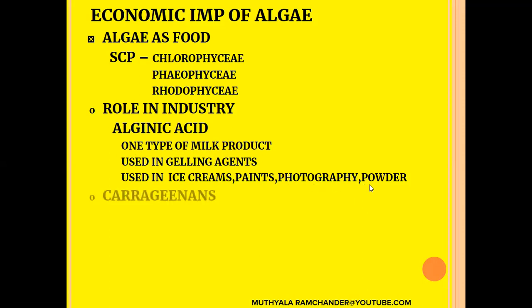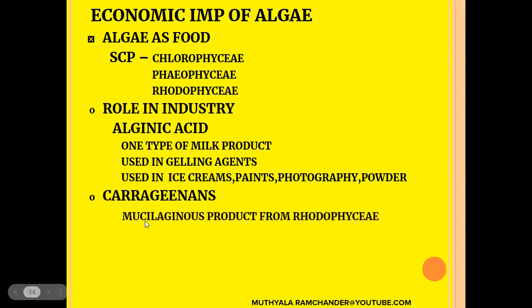Like this. And carrageenans. Carrageenan is another industrial product. It is a mucilaginous product synthesized from rhodophyceae algae. It is also used in making ice creams.